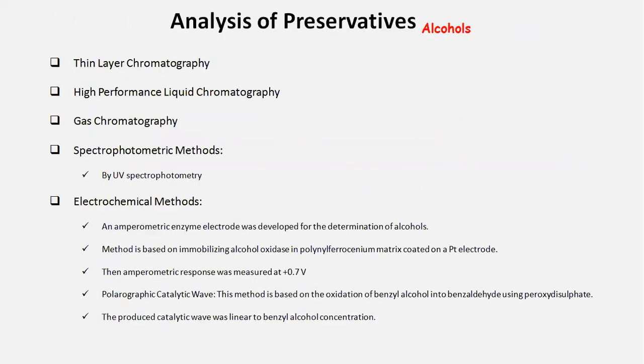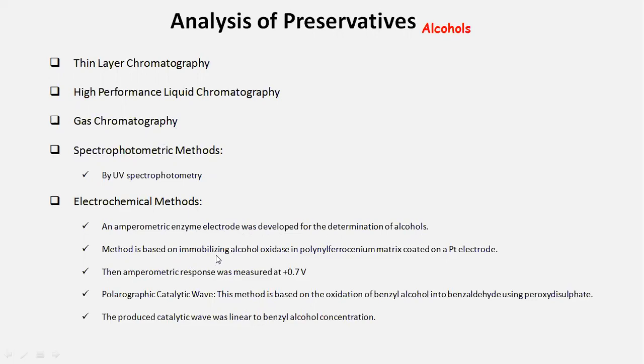So next category of preservatives include alcohols. Alcohols will be analyzed for their quality aspects by using thin layer chromatography, high performance liquid chromatography, gas chromatography, spectrophotometric methods. In that, UV spectrophotometry is highly specific. Electrochemical methods include the amperometric method as well as the polarographic catalytic wave method. In these electrochemical methods, an amperometric enzyme electrode was developed for the determination of alcohols.